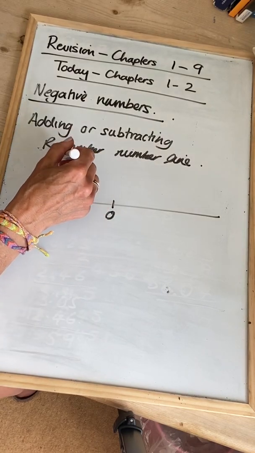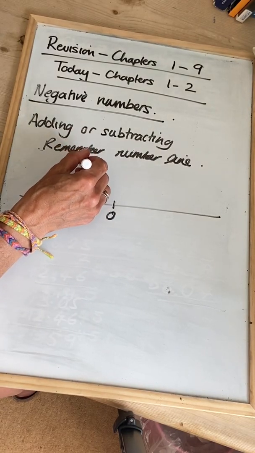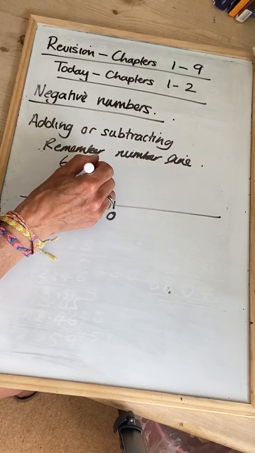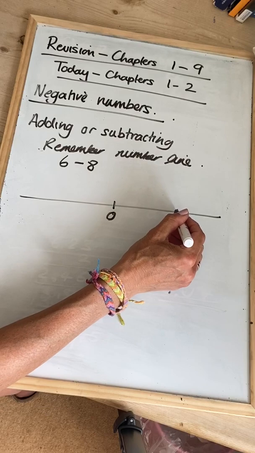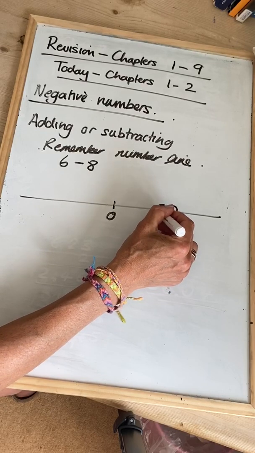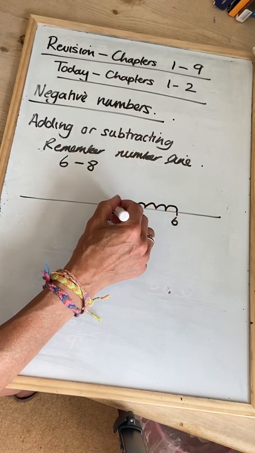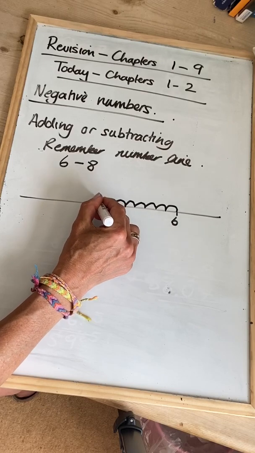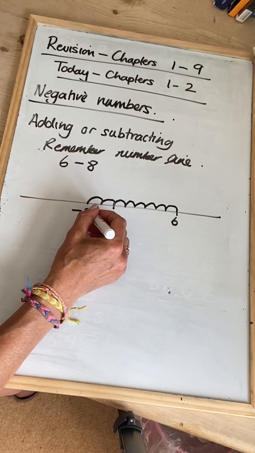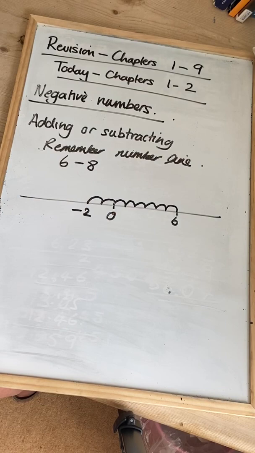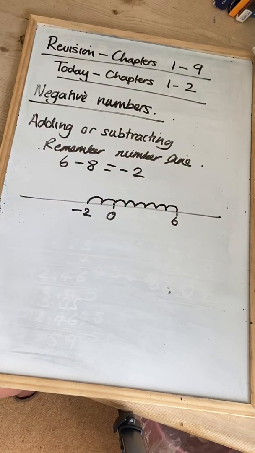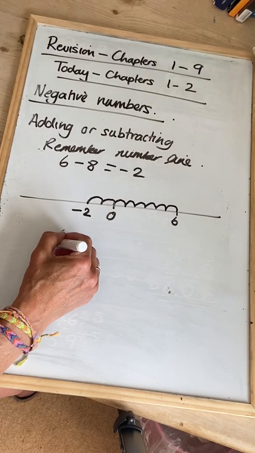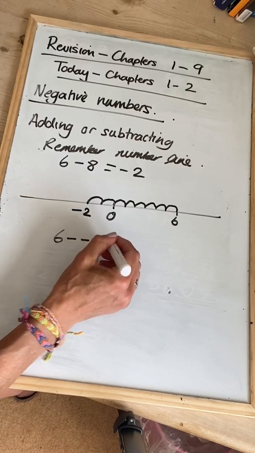Okay, so if I have got the number 6 and I'm subtracting from it 8, I am starting at 6 on the number line. I am going back 8. So 1, 2, 3, 4, 5, 6 gets me to 0, and another 2, 7 and 8 gets me to -2. Yeah, so that's what you're doing with the number line. Things that people do get a bit confused about are if you've got 6 minus -8.